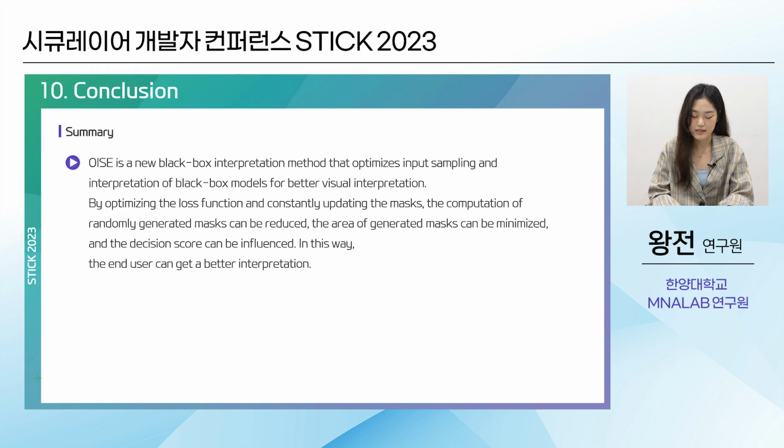With these methods, end users can get a better interpretation, and it also provides new ideas and thoughts for future research. It's hoped that more accurate and interpretable algorithms will be created through more in-depth studies in the future.